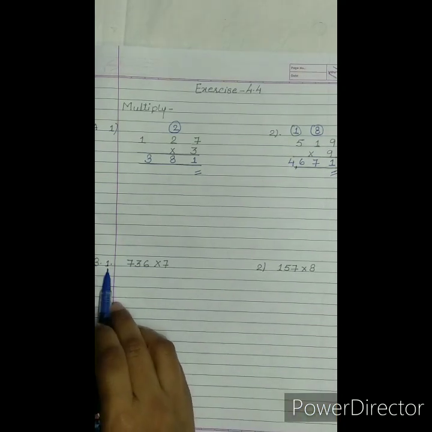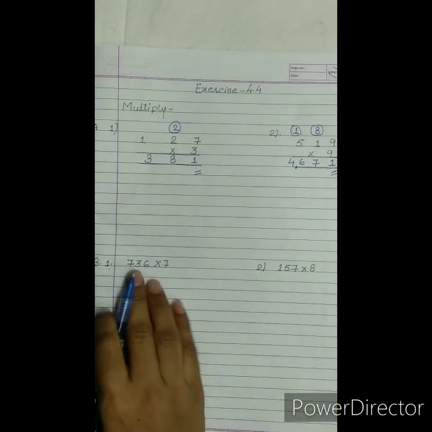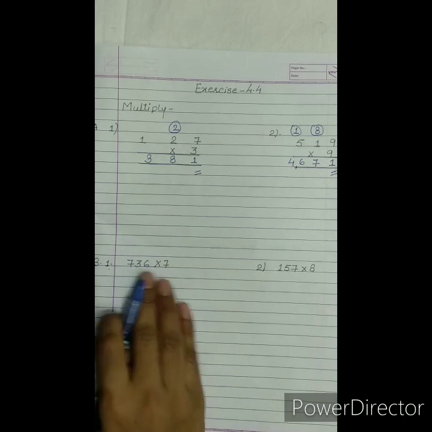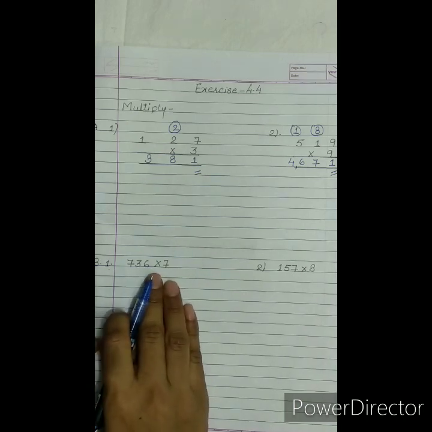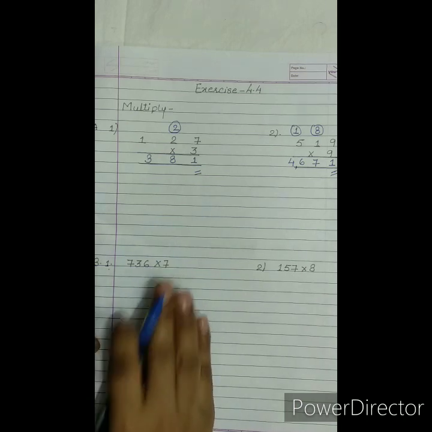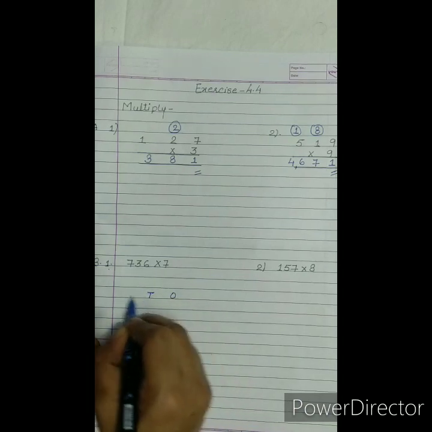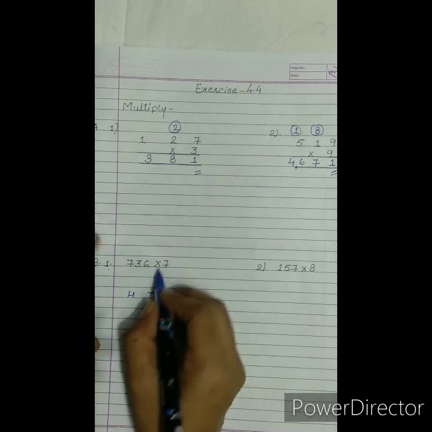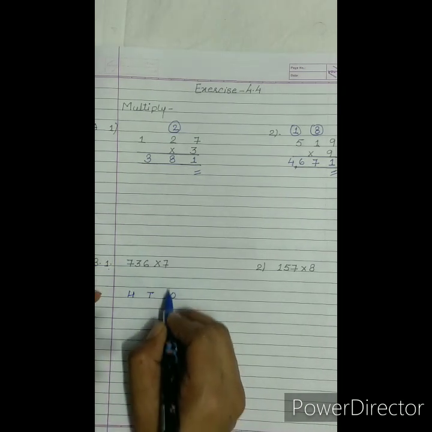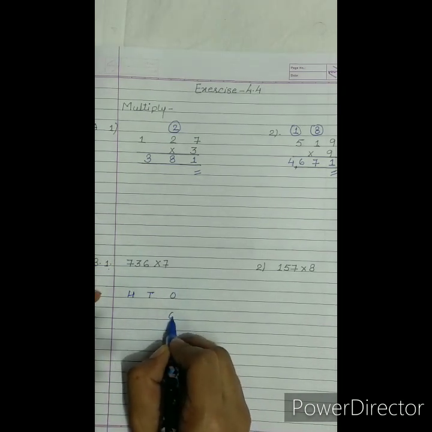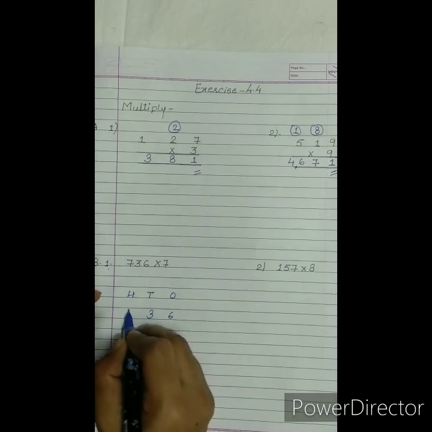Now the next question. Question number B, part 1. See, this is not given in the column. So first of all, we will arrange it in the column as in the place value chart. So we will write ones, tens, hundreds. So ones place digit is 6, 3, 7.